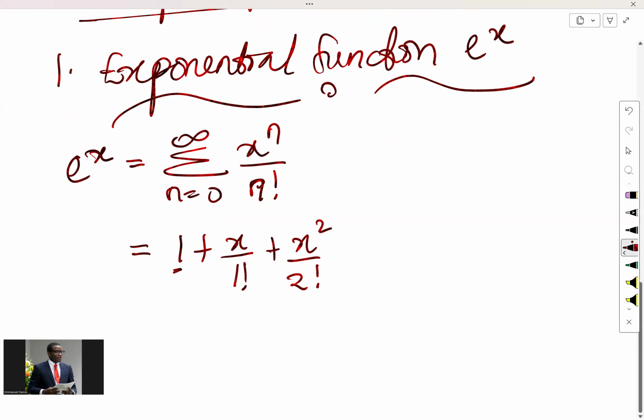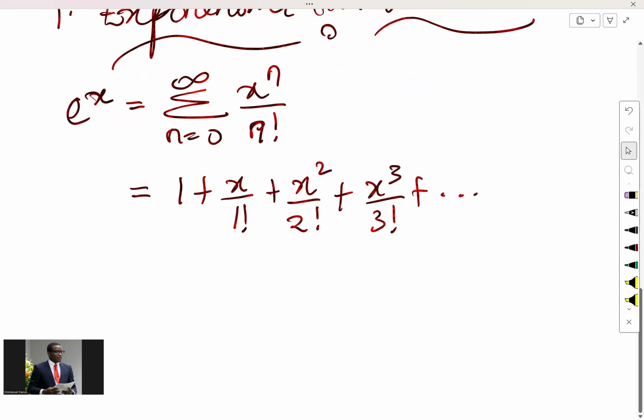Technically, the first term is x raised to power 0 over 0 factorial, because x raised to power 0 is 1 and 0 factorial is also 1. Plus x cubed over 3 factorial, and so on and so forth. So that is what the exponential function looks like.